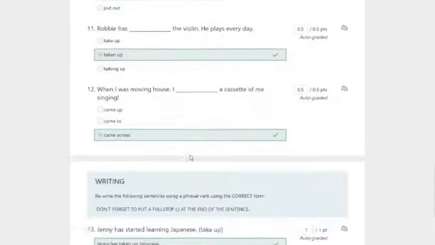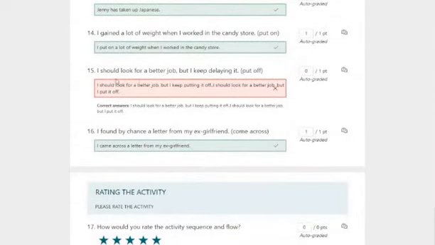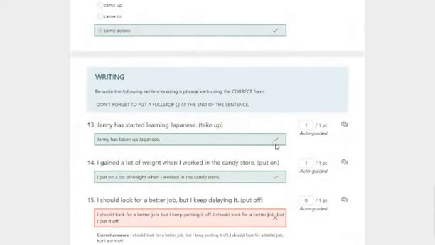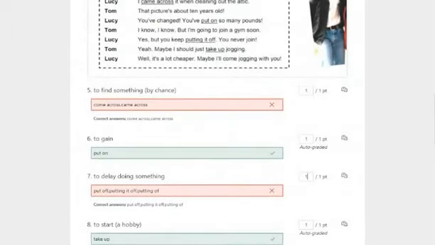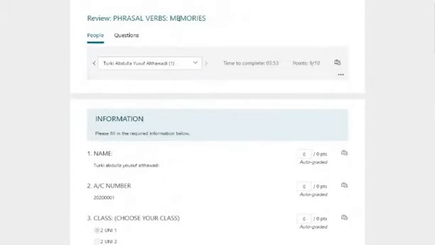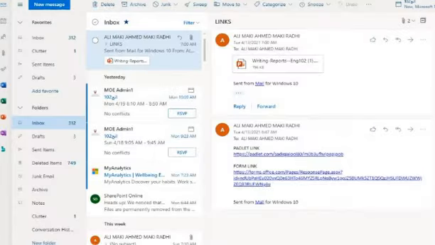Okay, here are your answers: I should look for a better job, but I put it off. Okay, it's correct, I think. Anyway, I don't see any enthusiasm put into this activity right now, so we will just move on. I'm really disappointed because there's no enthusiasm on the form activity, which might be understandable anyway.